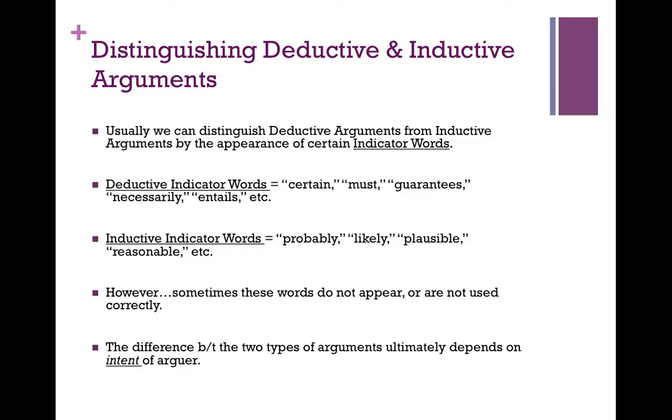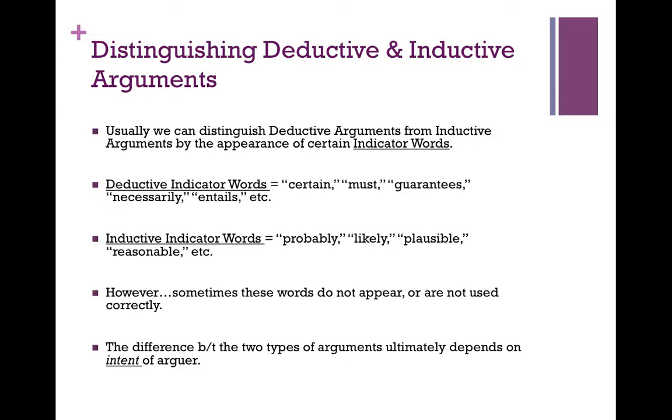And so you'll find that people will sometimes use very strong language to really sell their point, to persuade the audience. And this is more a function of rhetoric than actual logic. In logic, we don't really care about how convinced or confident the person is. But as an issue of rhetoric, it does come into play.